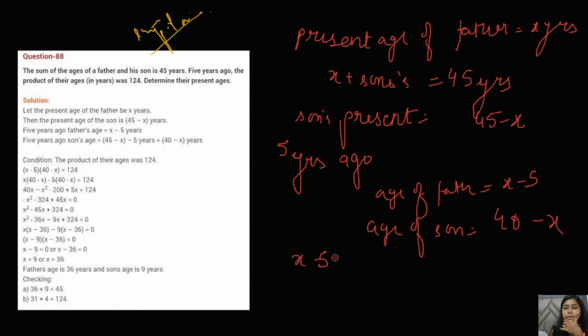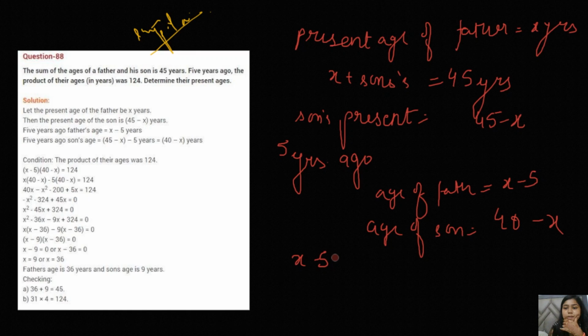They have solved it like this, and we can solve it using the quadratic equation method: 45 plus minus root of b square. What is b square? It is 45 into 45, so we get 2025. Then 2025 minus 4 into a into c, it means 324 into 4, which is 1296.